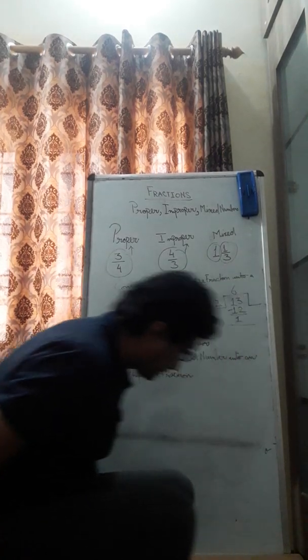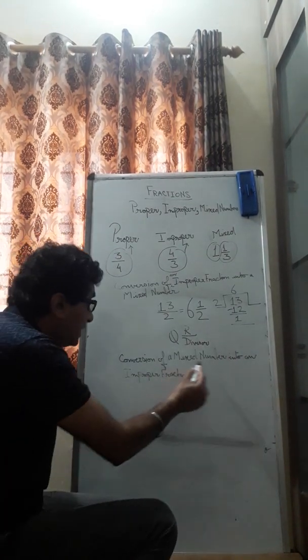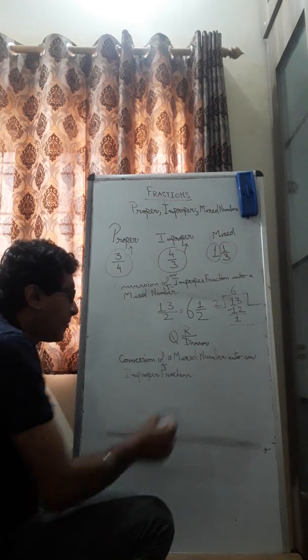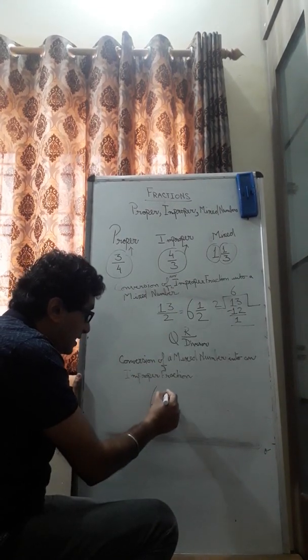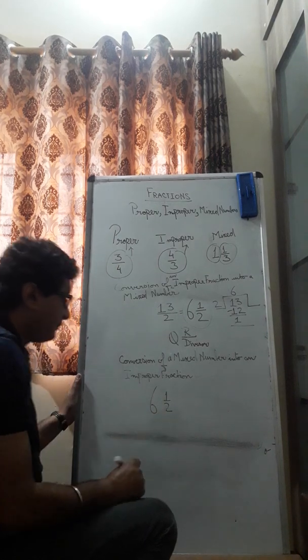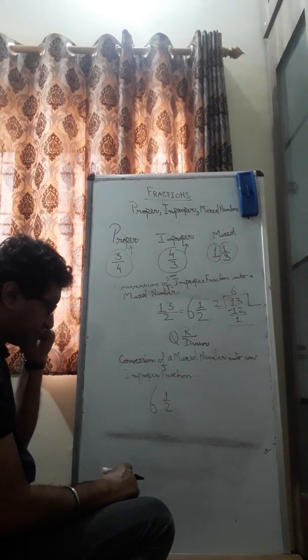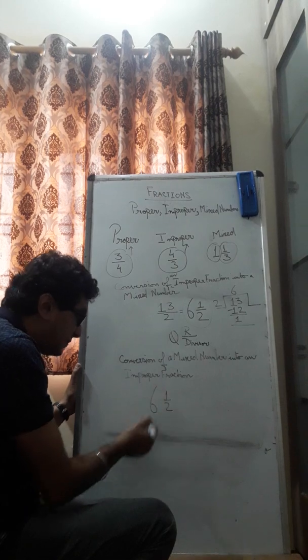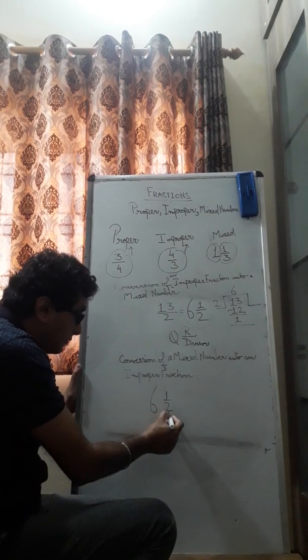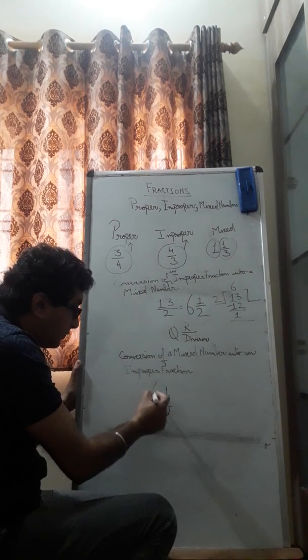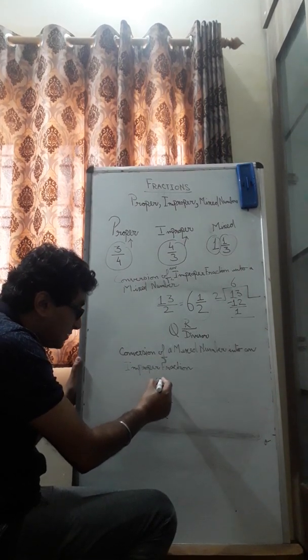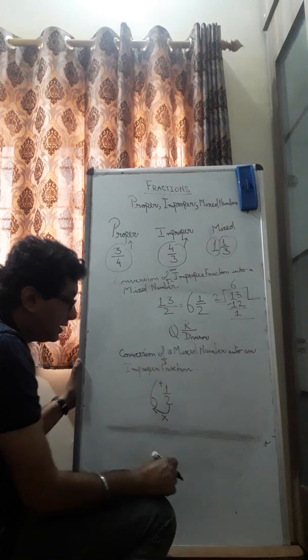Now, conversion of a mixed number into an improper fraction. Let's take this mixed number. 6 is the whole number and half is the fraction over here. There's a very simple basic thing that we do. We multiply the denominator by the whole number and whatever is the result of this, we add the numerator to it.